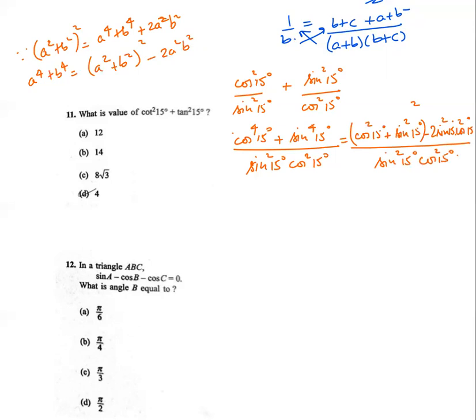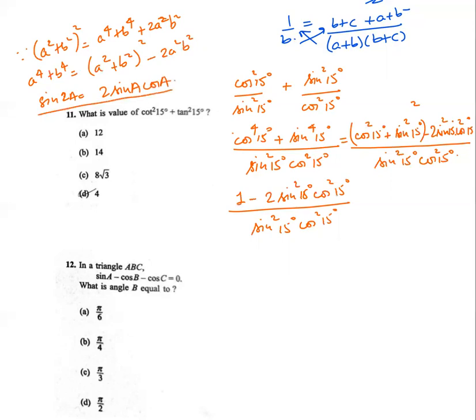Now, what is sine square theta plus cos square theta? It is 1. So we have 1 minus 2 sine square 15 degrees into cos square 15 degrees, divided by sine square 15 degrees into cos square 15 degrees. Now we know one relation that sine 2a equals 2 sine a cos a, the sine double angle formula, right?